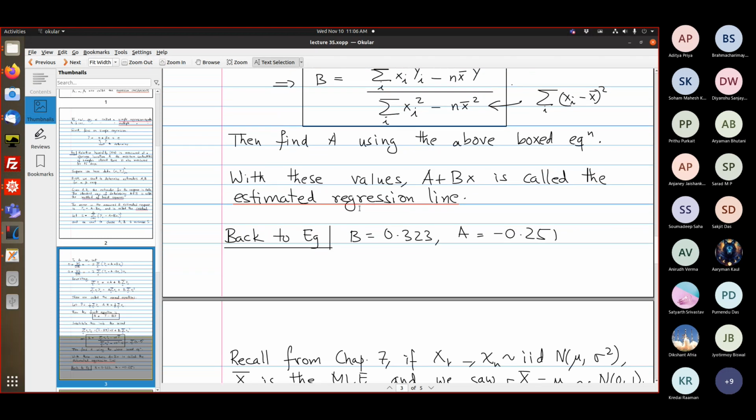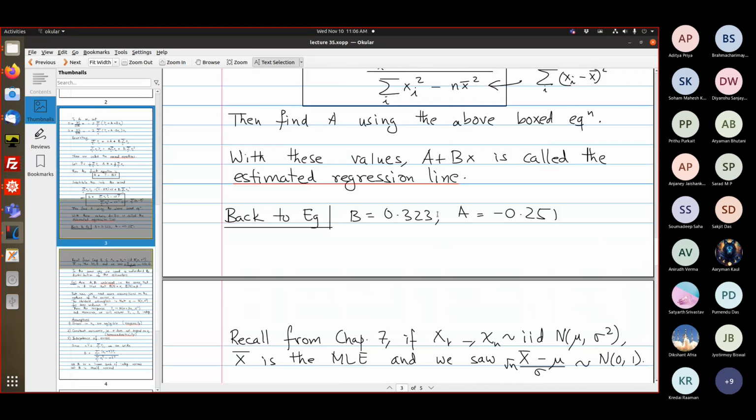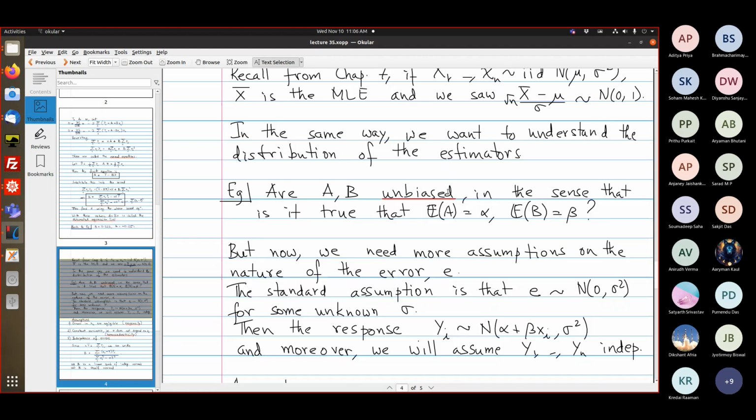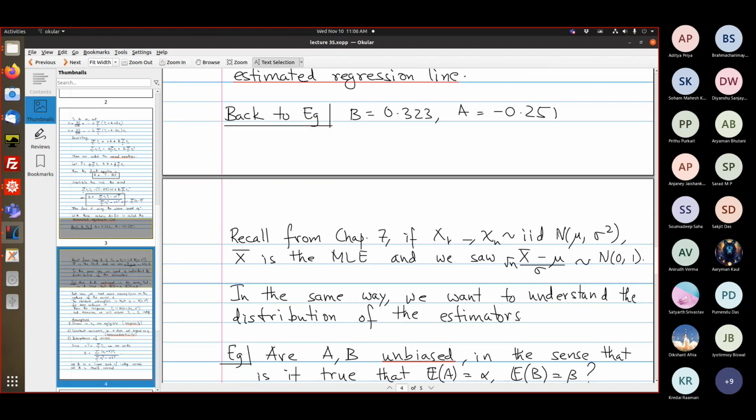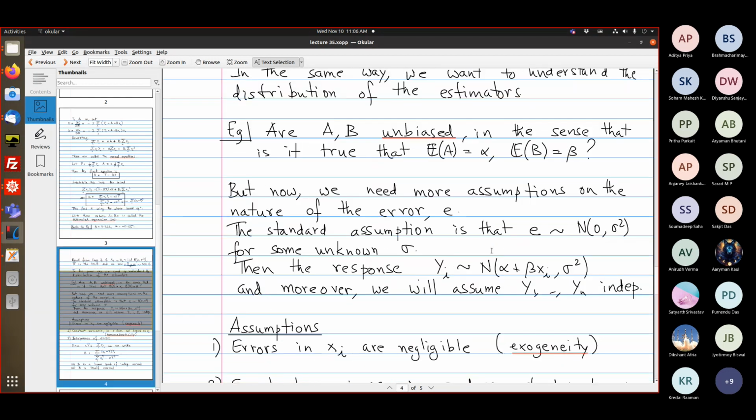And in the example we determined these values, and we next wanted to determine the distributions for these random variable estimators, assuming now that the errors are IID normals with mean 0 and variance sigma squared, and therefore the responses are normals with mean alpha plus beta xi and variance sigma squared.